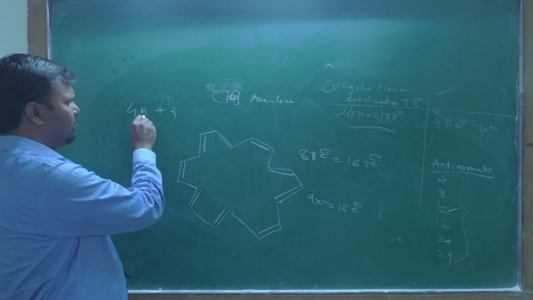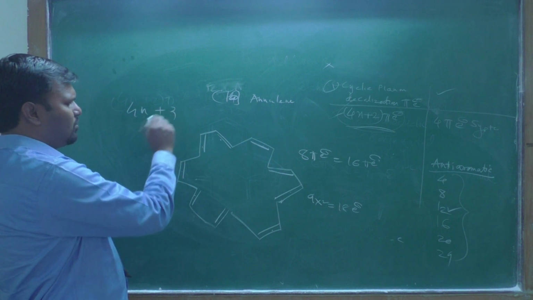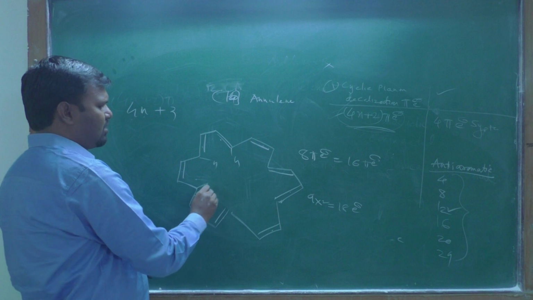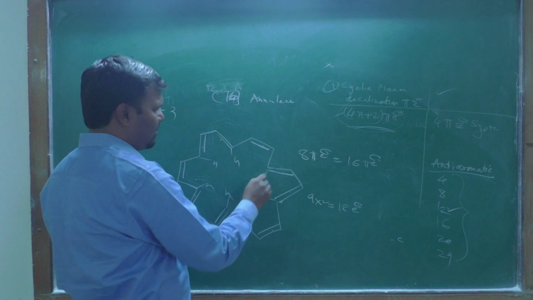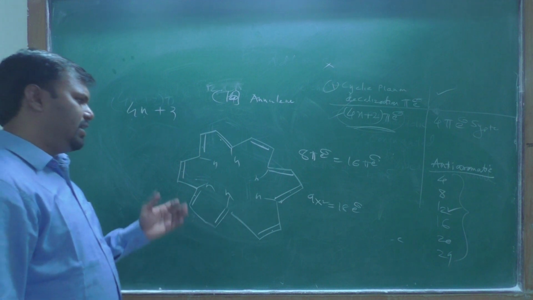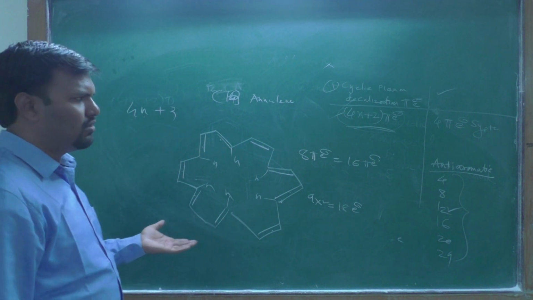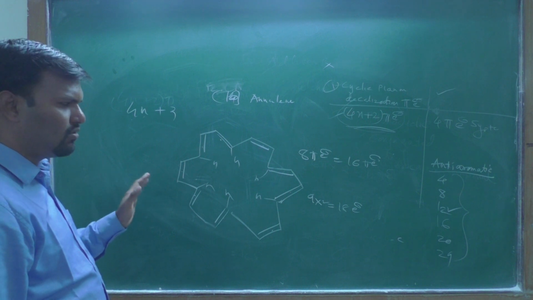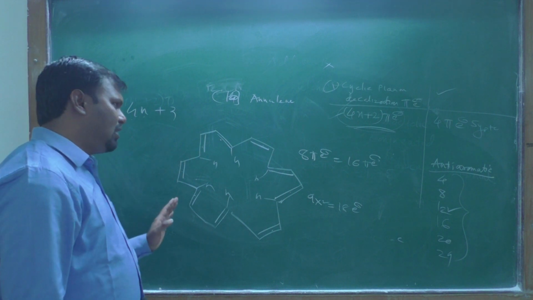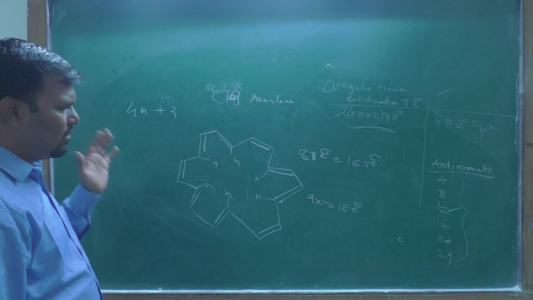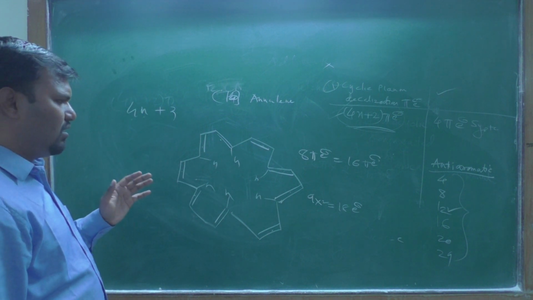If you take 4 into 4, 16 plus 2, 18 electron system. In this case also the internal hydrogens are maximum away from each other, and it follows your Huckel number. Therefore that compound is planar, cyclic, delocalized pi electron takes place, and that compound is an aromatic compound.